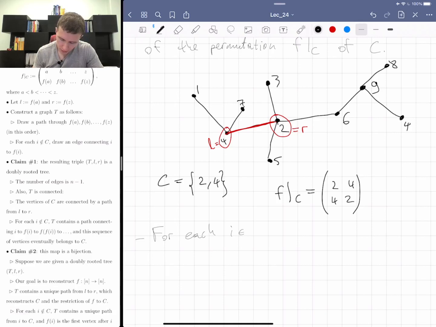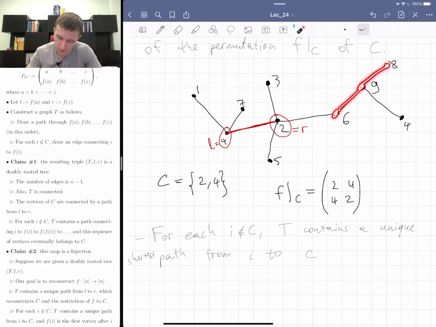So for each I not in C, T contains a unique path from I to C. Unique, let's say shortest path. So it has to terminate at C, and no other vertex should belong to C. There is a unique shortest path like this, and so for 8, this path looks like this.